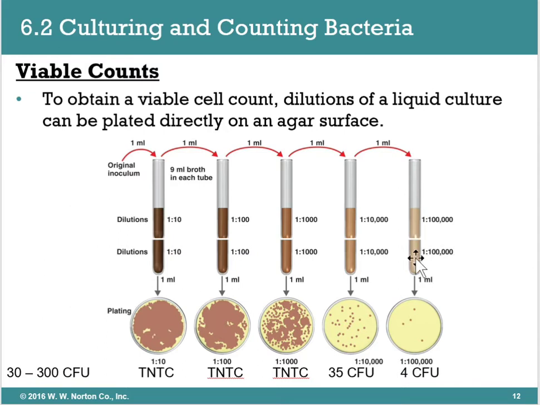You'll take a ml from this one and put it into your next broth, grow it up for a little bit, let it incubate maybe for 30 minutes or so, and then take a ml from this one, put it into another one, and continue that process.